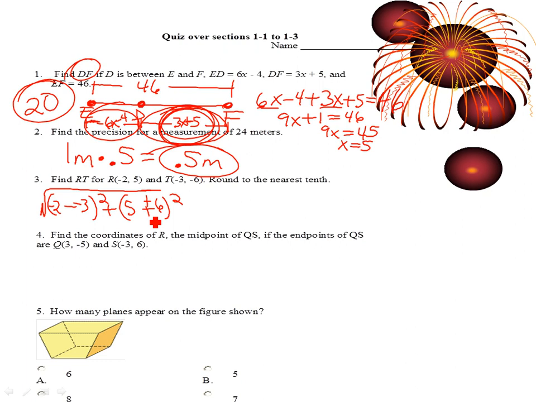Mr. Harrison used to do some boom bang when he changed the signs on those. But what's negative 2 plus 3? So we got the square root of 1 squared. What's 5 plus 6? 11 squared. What is 1 squared? 1. 11 squared is 121. 121 plus 1.